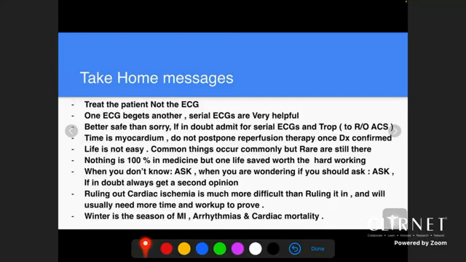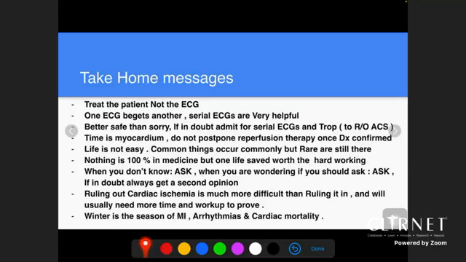If you have doubt, admit the patient, do serial ECGs and troponin to rule out acute coronary syndrome, because if you do not, you are going to miss many of the patients who do not present classically, because nothing is 100% in medicine. So some people will come with maybe some epigastric discomfort only, will come with dizziness, diabetics, elderly, and the female usually have an atypical presentation. So be careful about these patients.